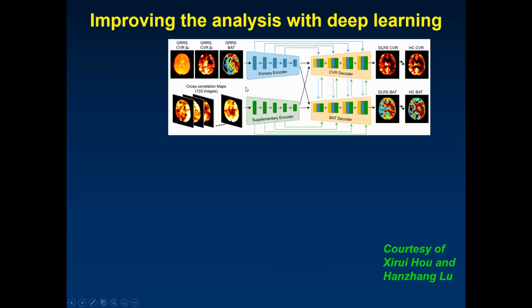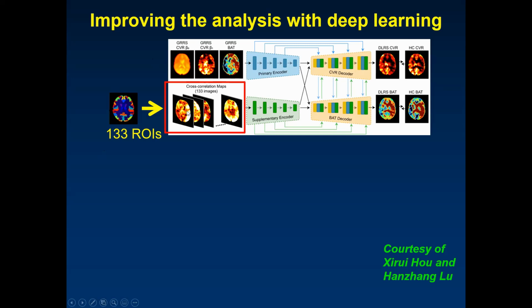There is also a supplementary input, which is obtained by parcellating the brain into 133 ROIs, and then calculating the mean signal of the residual time course after regressing out the global signal. They use this residual signal time course to calculate the spatial correlation across the whole brain.